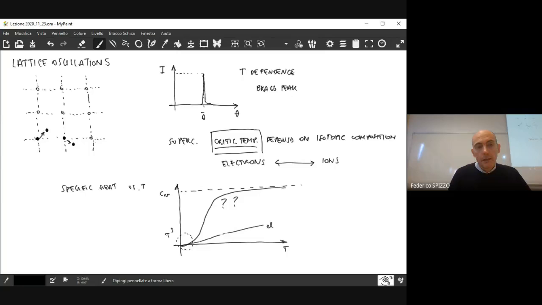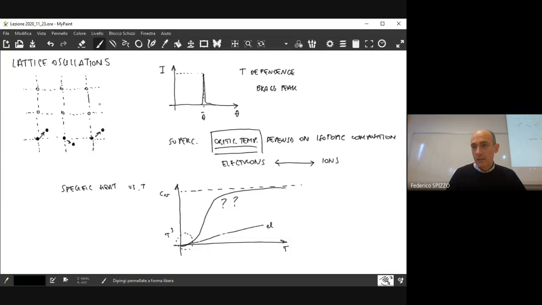What we may imagine is that if we let the ions oscillate in the system, we have an additional system that may contribute to the total energy of the solid. Because if we have a system of oscillating masses, this system has an energy.